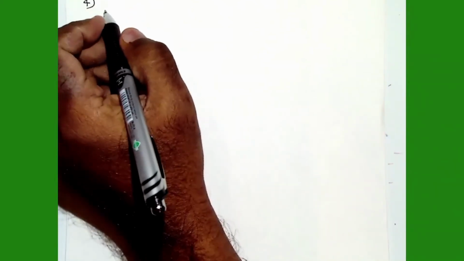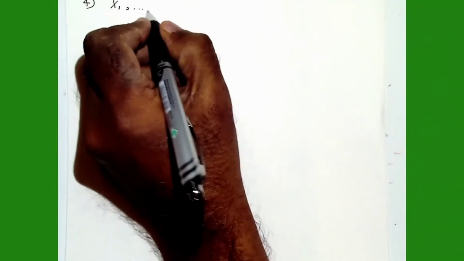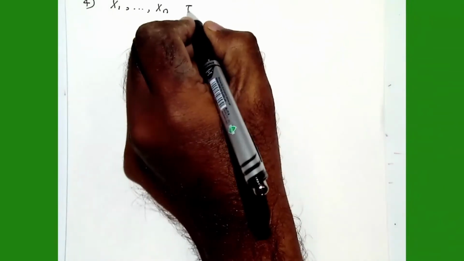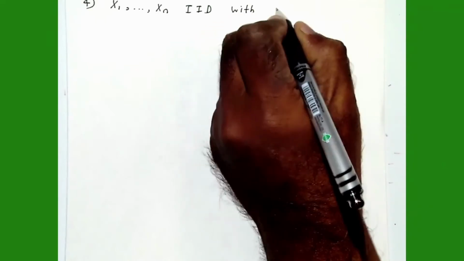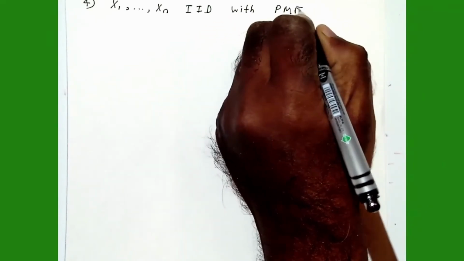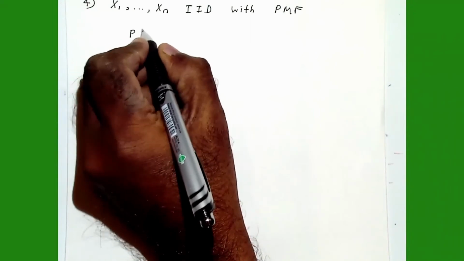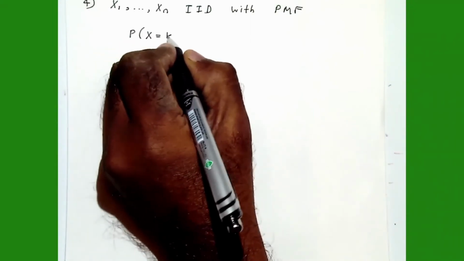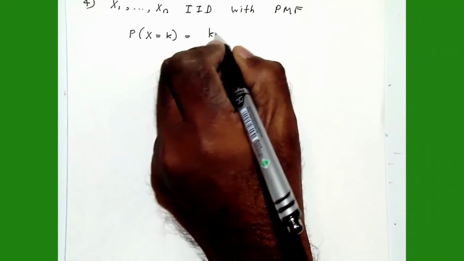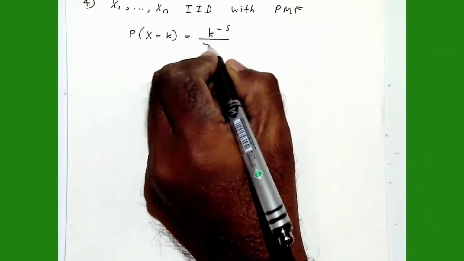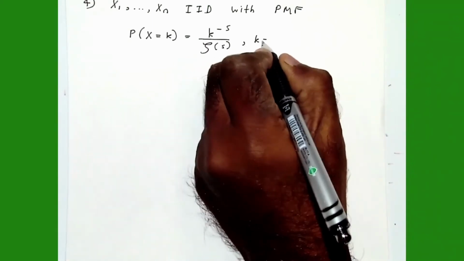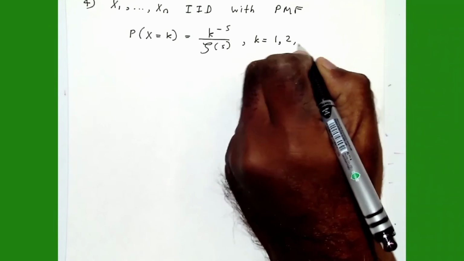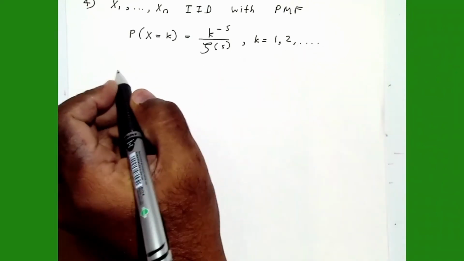You have the K, and the support of this distribution is from 1 up to infinity.